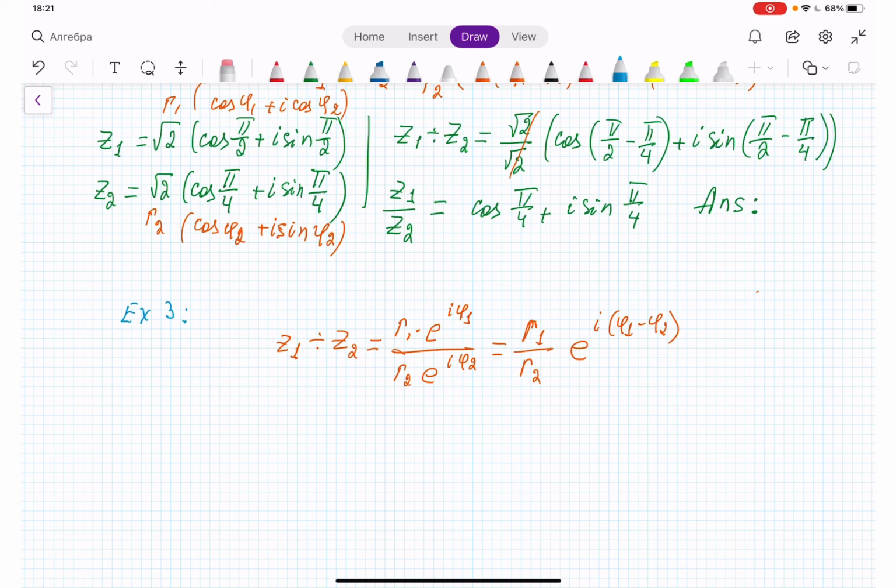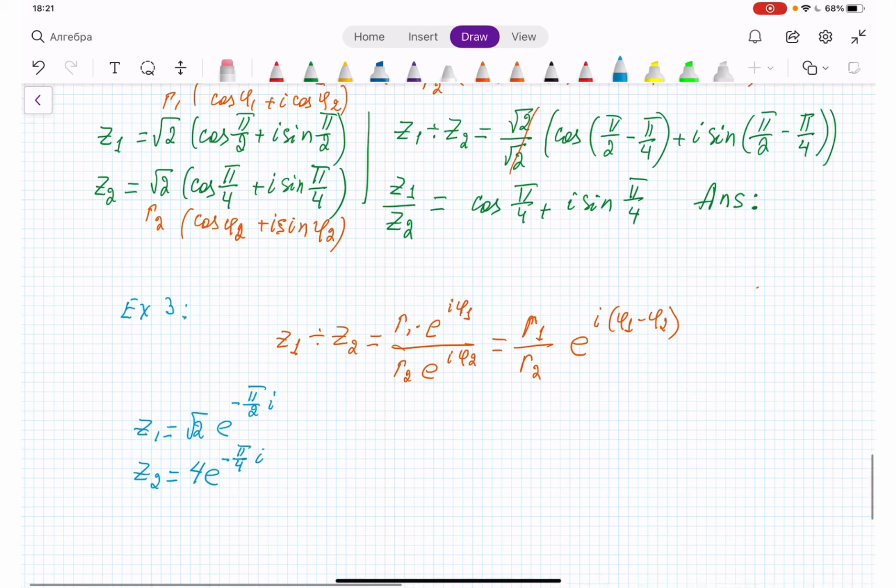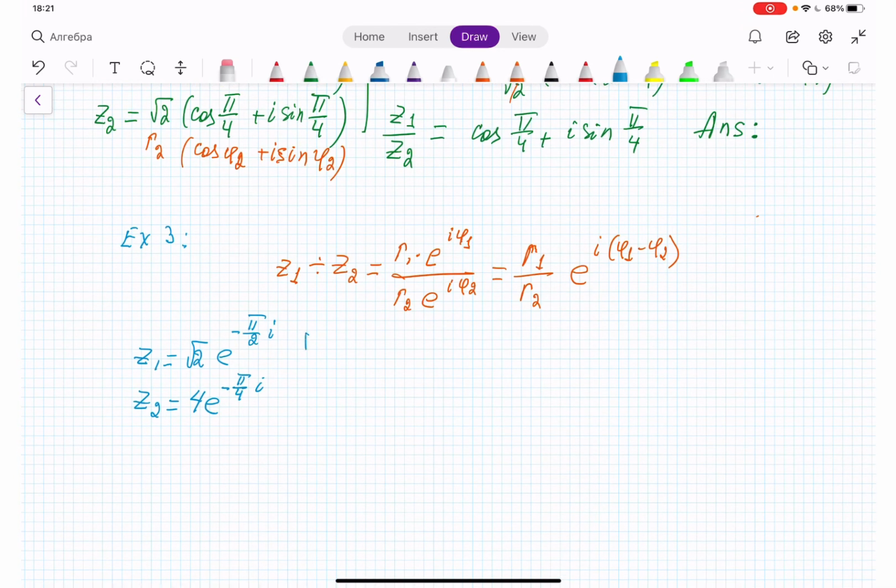All right, so we have z1 equals square root 2 e to power negative pi over 2 I, and z2 we have 4 e to power negative pi over 4 I. Okay, so the quotient of these complex numbers, z1 divided by z2.